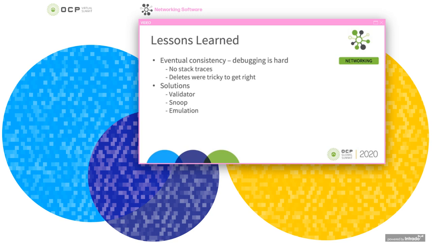To tackle these kinds of issues, we tried various solutions that effectively helped our teams resolve them. First, we built a validator that can retrieve the state from distributed nodes and perform a series of checks and tell whether things are inconsistent or leading to routing loops. Next, we built Snoop, a utility that can give the sequence of events that are happening in a system.